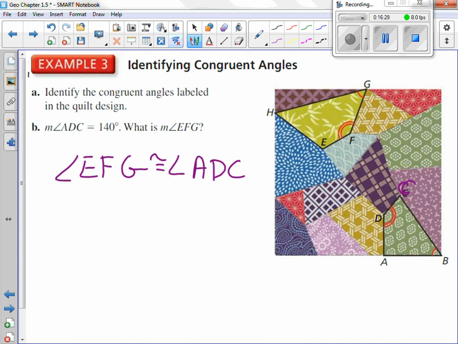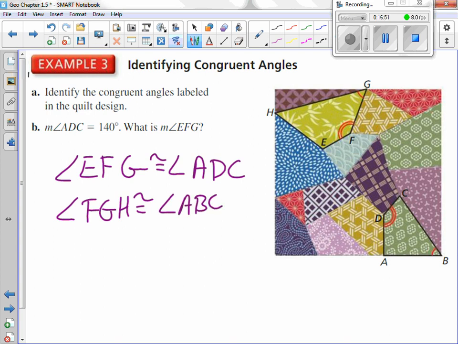And then we have one more. Ready? We can see it now? And the other one is FGH is congruent to angle ABC.